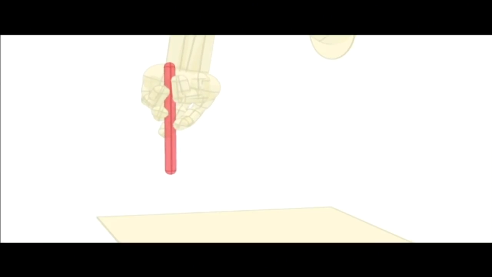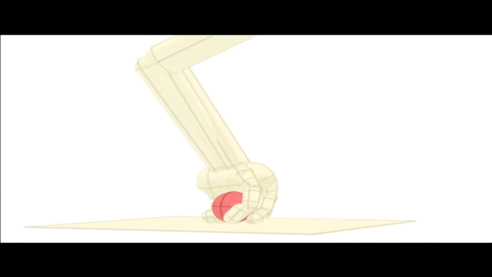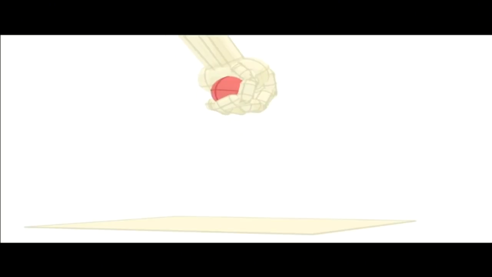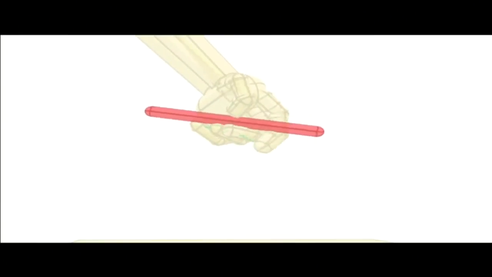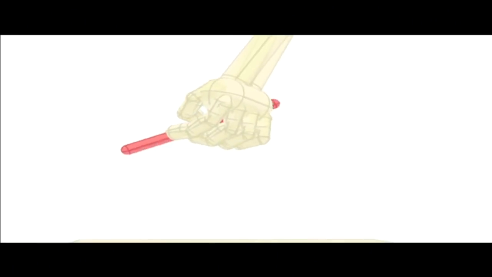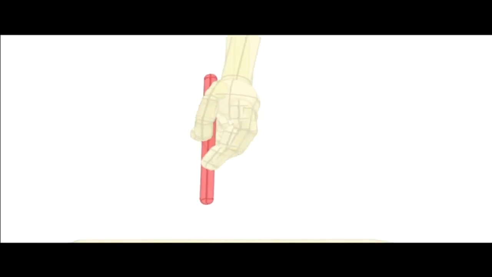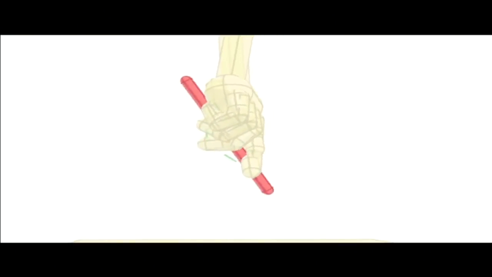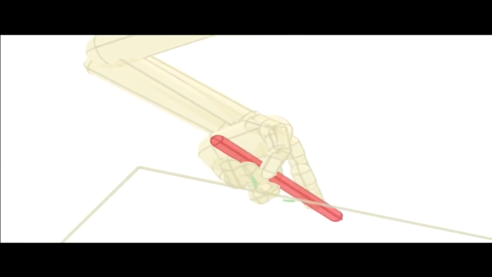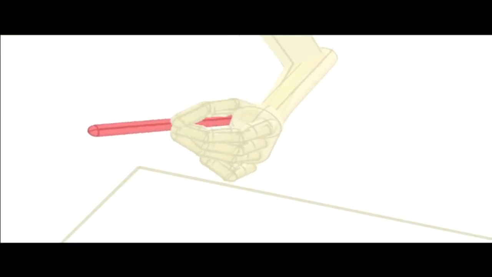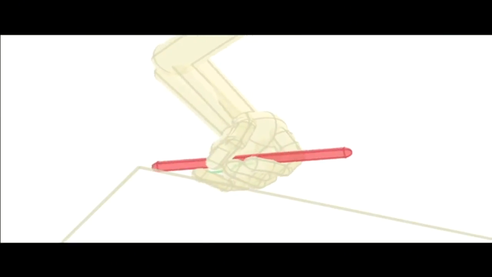And so you can generate these picking up movements or various in-hand manipulation. Like let's say here you're defining just the angular velocity of the object, and you're getting these sorts of twiddling motions.